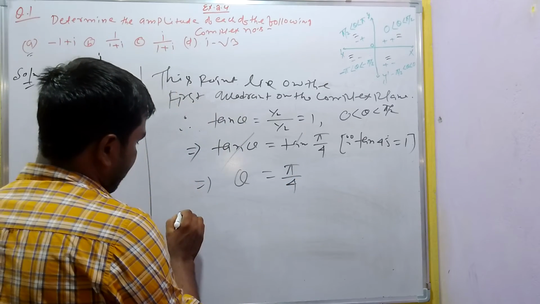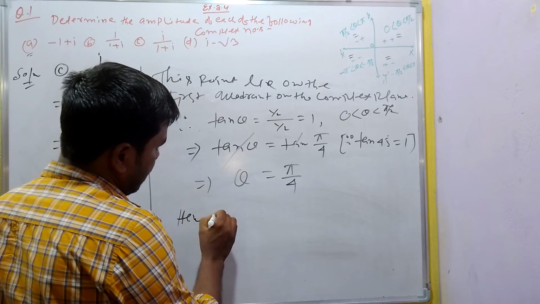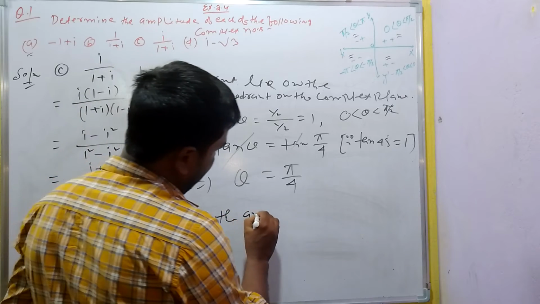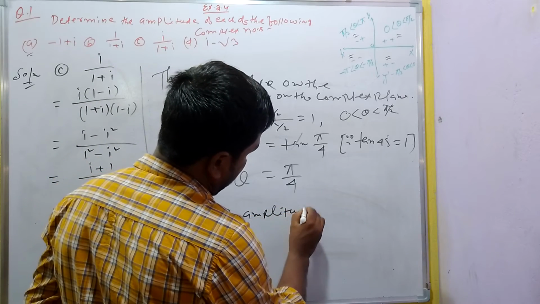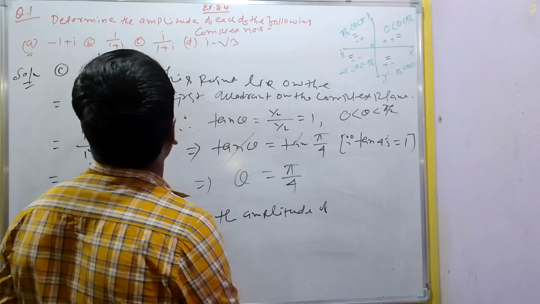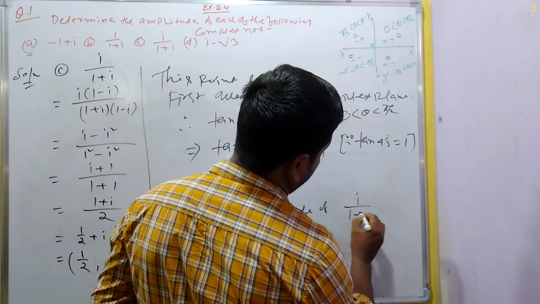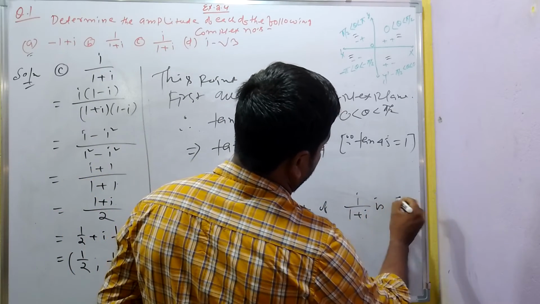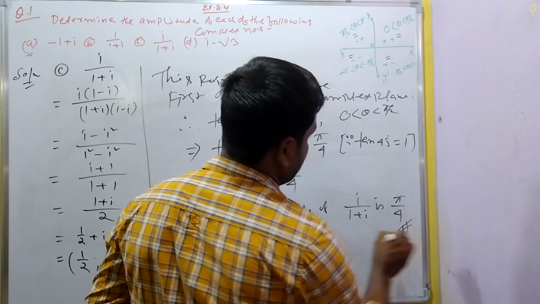Okay, hence the amplitude of i by 1 plus i is pi by 4. Okay, this one answer.